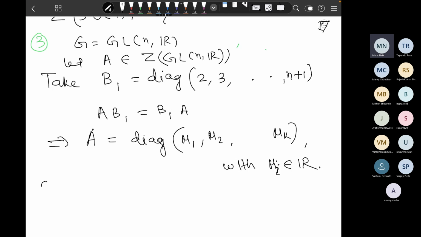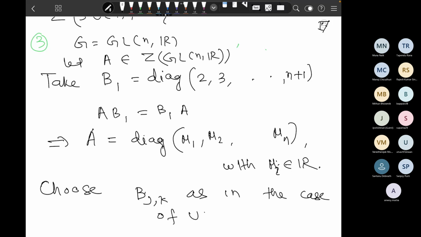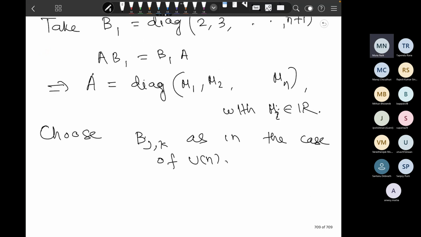Now choose Bj comma k, this should be diagonal mu1, mu2, mu n, right? Yes. Choose Bjk as in the case of SUN. Then ABj comma k, Bj comma kA will give you what?